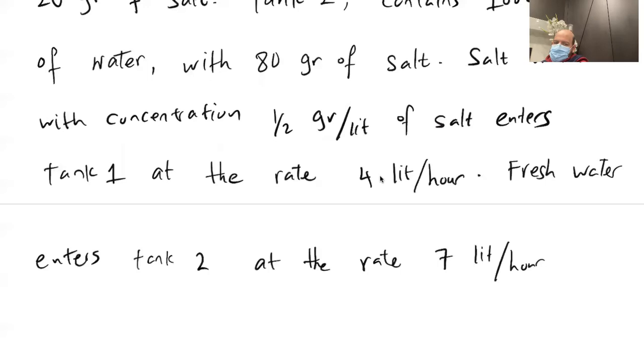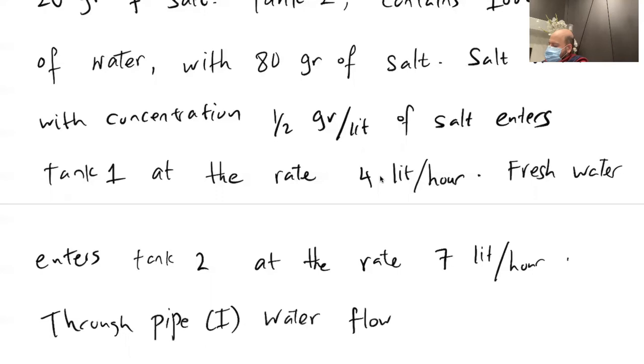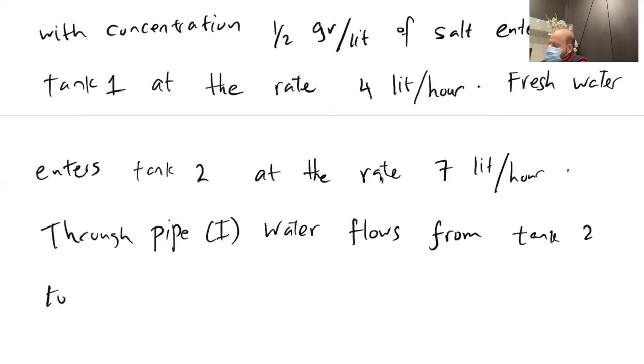Through pipe 1, water flows from tank 2 to tank 1 at the rate of 10 liters per hour.